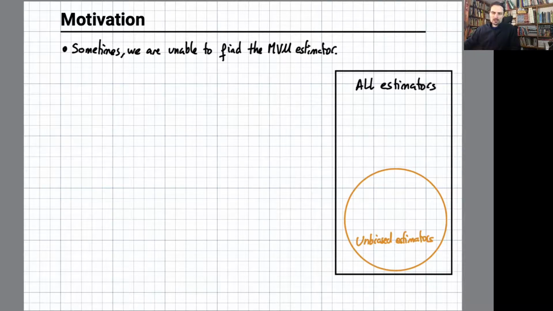So remember that the only tool that we introduced in this course to obtain MVU estimators is the application of the second part of the Cramér-Rao lower bound theorem, which provides an efficient estimator when a certain condition is satisfied.